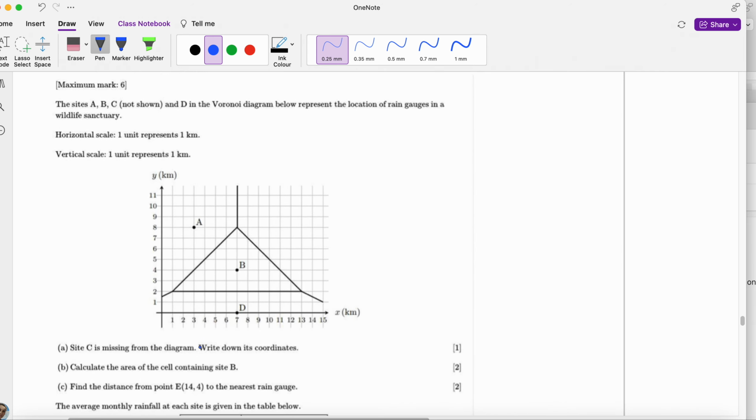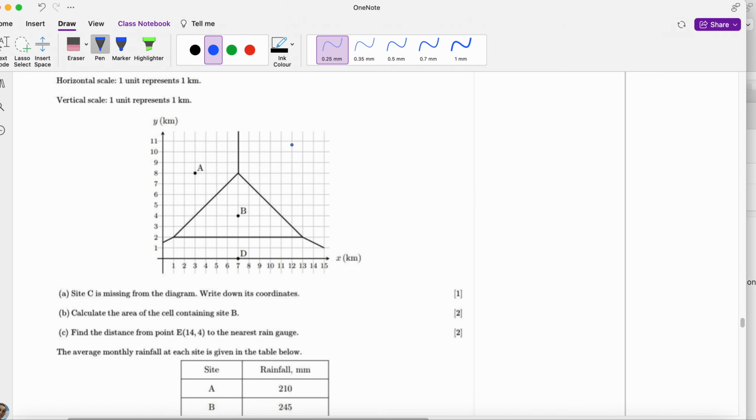You'll see that sometimes you're asked something a little bit different. We're going to be asked the area here, but it's all the same thing. We've got rain gauges in a wildlife sanctuary, and each unit represents 1 kilometer, both horizontally and vertically. It is worth it to always check your scale. Find C, missing from the diagram. Where's C? C is clearly somewhere here.